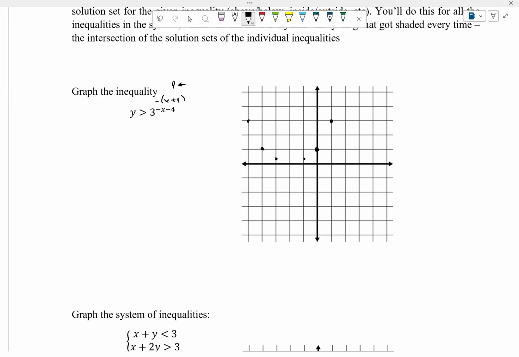I reflected each one over the y-axis and moved it over 4. Should I move the asymptote? Yeah, it's important to shift it to the left, isn't it? The horizontal asymptote, don't forget to shift it to the left. Okay, there we go. Oh, I messed up, didn't I?